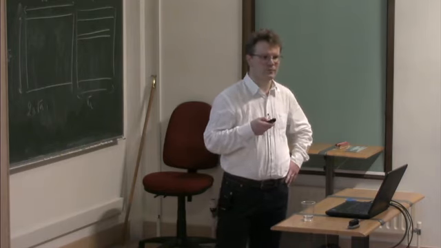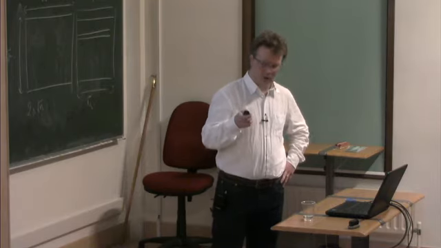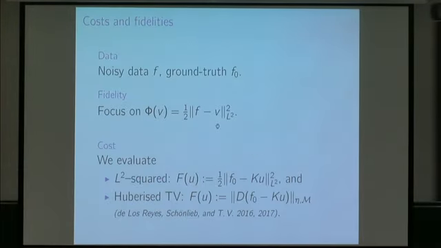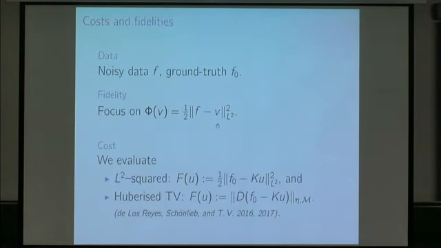What do you mean by it's improved? How do you quantify? That's according to the cost functional. So I had this bilevel learning model here, which finds the optimal parameter. The result says that there exists an optimal parameter which is non-zero. So the best cost, which in that first result was the L2 cost, the lowest cost is achieved by some alpha which is non-zero.